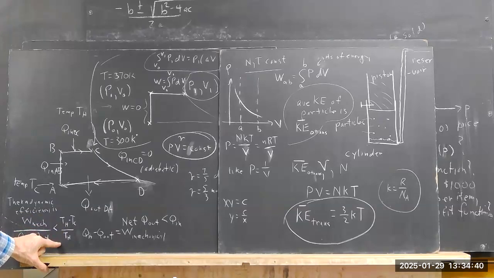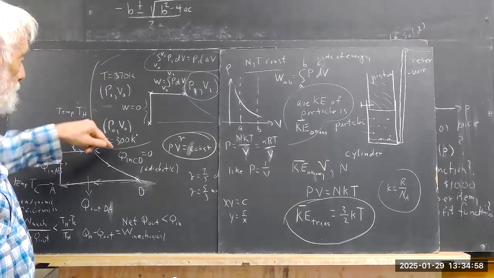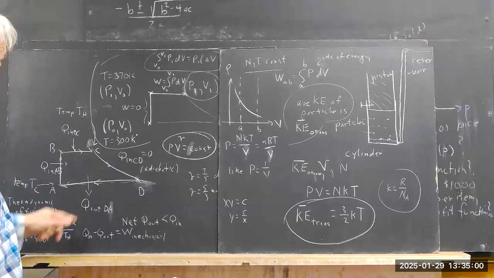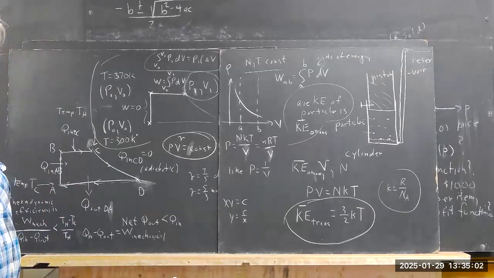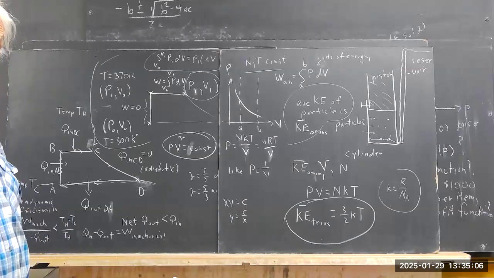Then this maximum possible efficiency, which is the amount of work done divided by the amount of energy you put in, is equal to 373 minus 300. That's easy. That's 70 divided by 373. A little less than 20%.